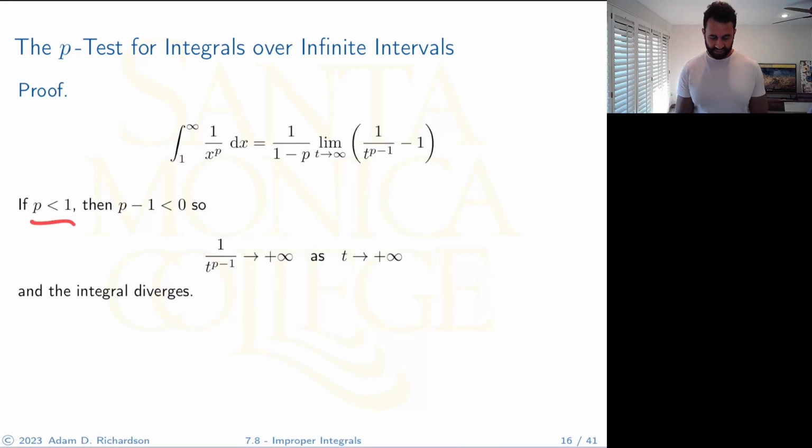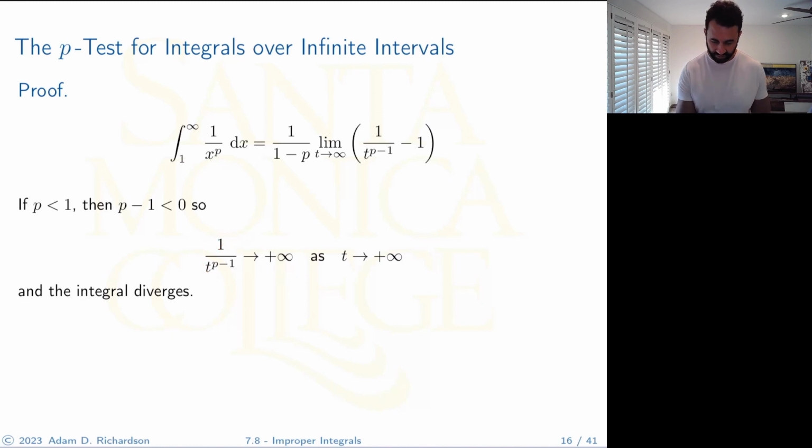If p is less than 1, then that means that p minus 1 is less than 0. That means that this exponent right here is negative. And so because this exponent right here is negative, it's kind of moving this whole expression to the numerator so that t is in the numerator. But that means that this thing is going to go to infinity as t goes to infinity.